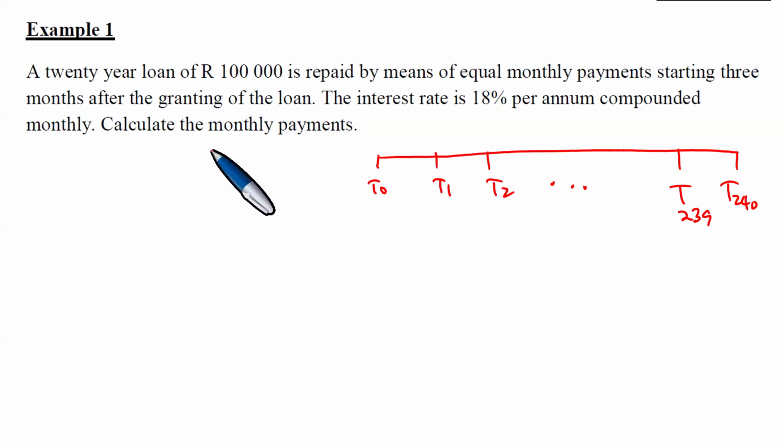Now, a 20-year loan of 100,000 is repaid by means of equal monthly payments, starting 3 months after the granting of the loan. So we have X, X, X, and you can put T3 here, X. We need to calculate the monthly payments. And now we can put T4 here.